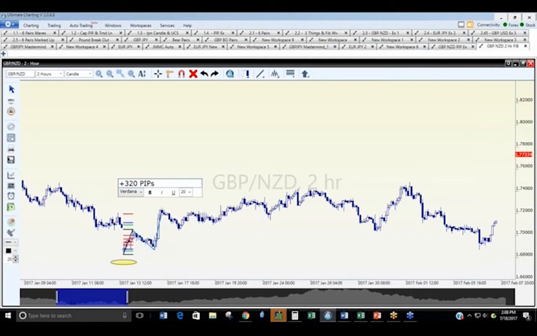Each bar represents 2 hours. It was 3 bars, so this would be in 6 hours, okay? And that would be $320 of profit if you were trading a mini lot, and $3,200 of profit if you're trading a standard lot. Is this making sense so far?